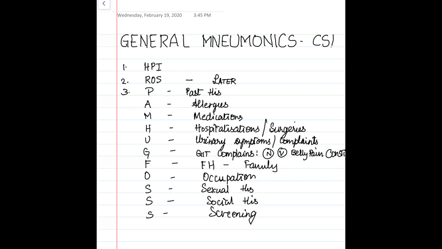So in screening, you can ask about PMDC, PAP for a woman who is young, mammography for any woman who is more than or equal to 40 years of age, DEXA scan for any person who's above 65 years, and colonoscopy for anyone who is more than 50 years.